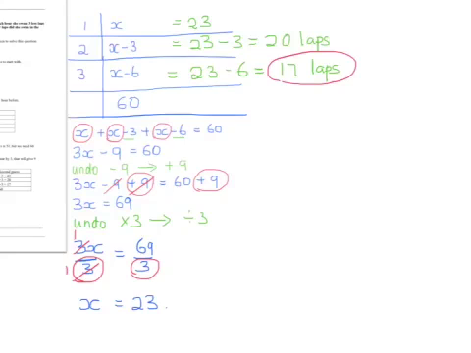And it's 17 laps. And because the question was given to us in words, we must write the answer in words. Jane swam 17 laps in the third hour.